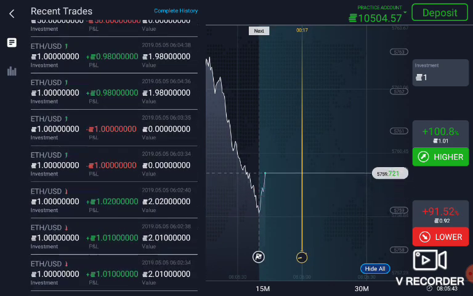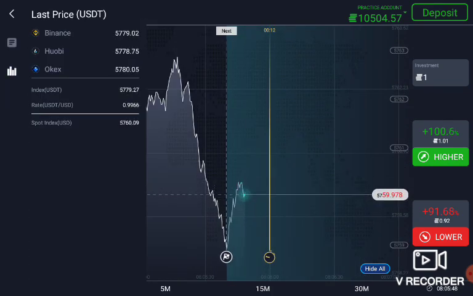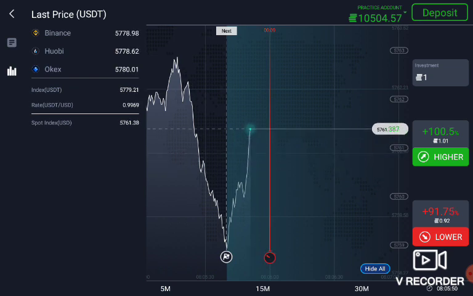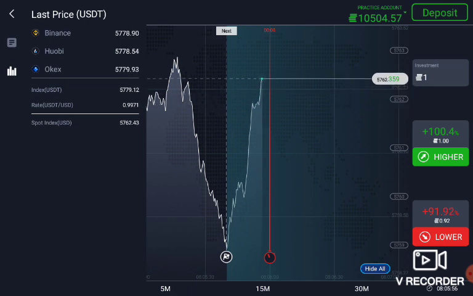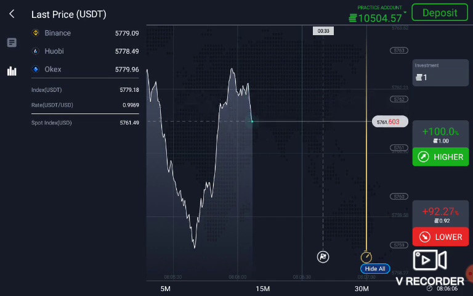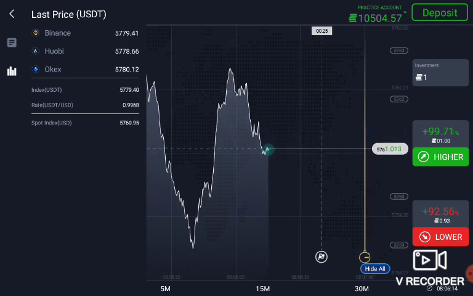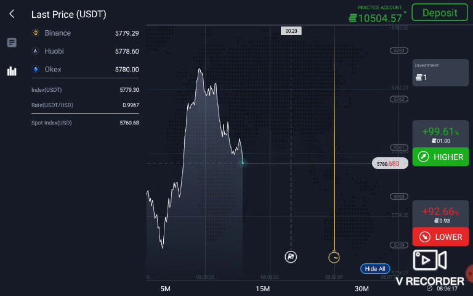Now, under that, what it shows you is the 3 exchange markets that it's using for its spot index, which is a mean of an average of the other prices. So we're looking at Binance right now at 57.79, Huobi at 57.78, and then OKEX at 57.79. And once again, it's the mean of the individual asset price relatives of the ratios of the current prices to the base period price.